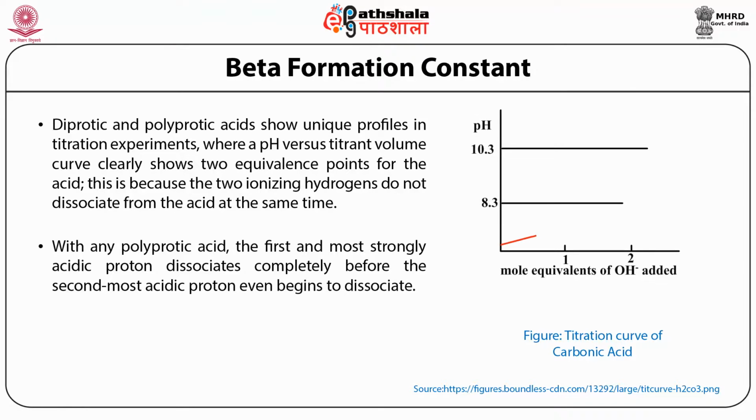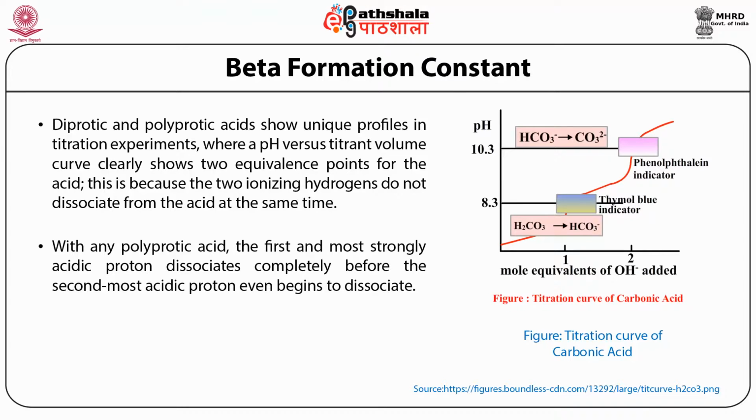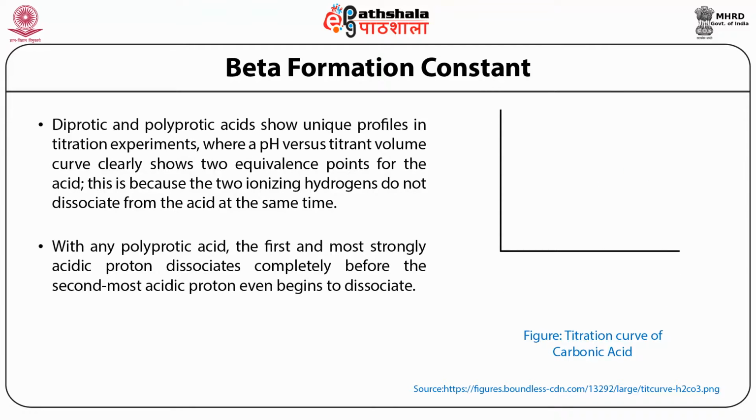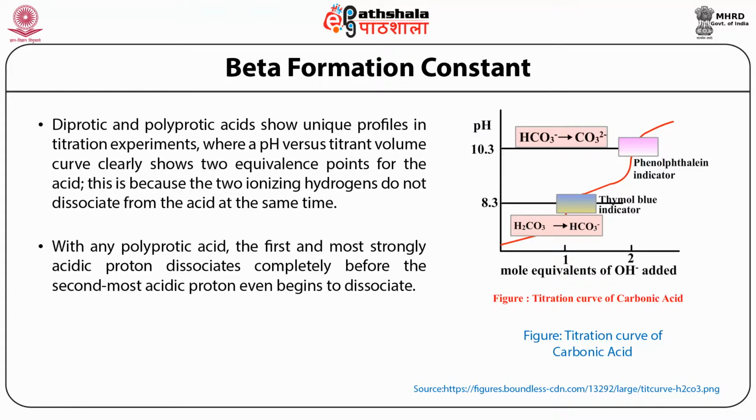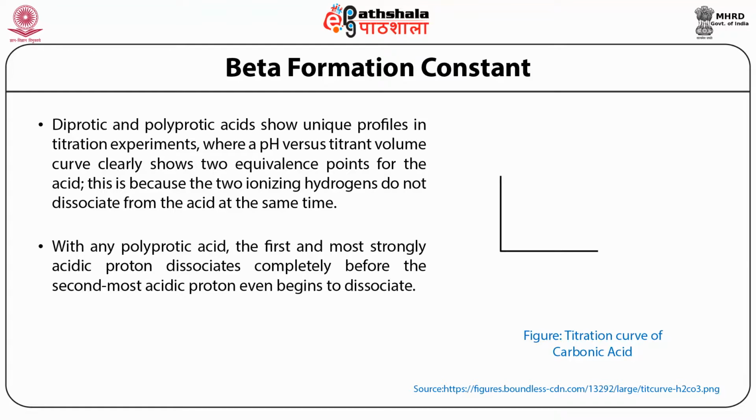And in the second case, HCO3 gives a proton and CO3 anion is formed. The first endpoint is recorded with the help of thymol blue indicator, which gives a color change at the first endpoint, and at the second endpoint phenolphthalein indicator is used, which gives a color change.